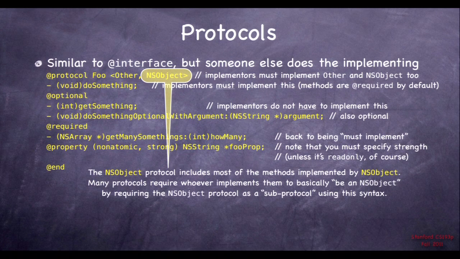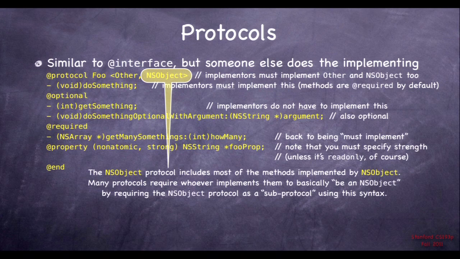Very simple. The only syntactical thing is that you can have your protocol depend on other protocols. In this case, if some object says, I'm going to implement the protocol foo, they must also implement the protocol other and the protocol NSObject. Those are two other protocols.